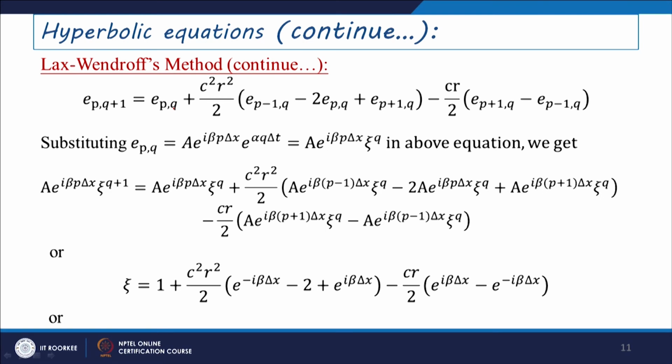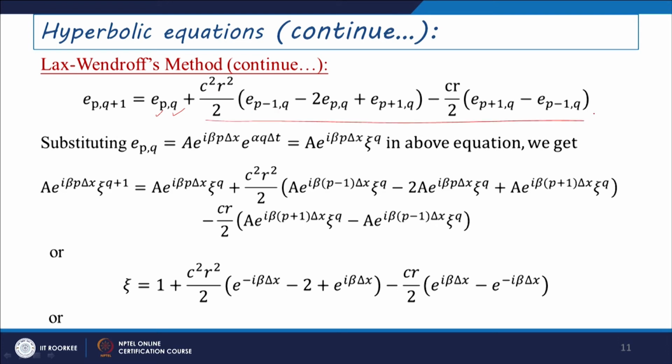For each of these coordinate points, we replace i by p and j by q. So, it can be written as E(p, q+1), and the rest of the terms follow in the coordinate form, that is i as p and j as q, and the rest of the terms can be placed accordingly.